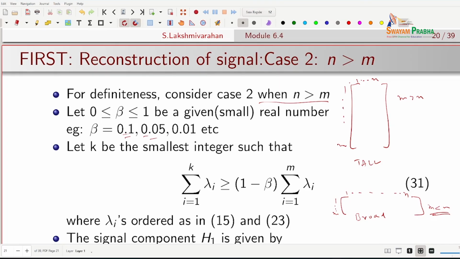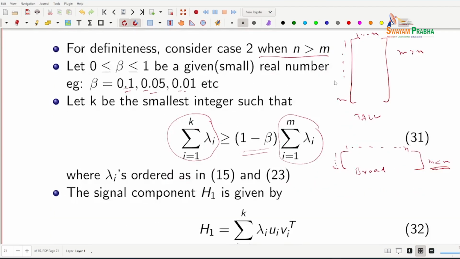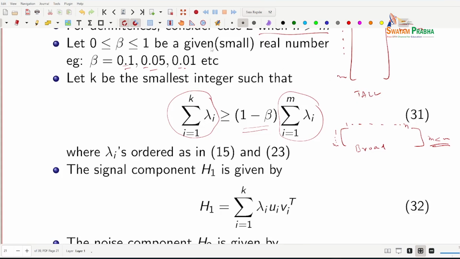Beta can be 0.1, 0.05, 0.01, etc. Let k be the smallest integer such that the sum of the k largest eigenvalues, which is the total variance contained in the k principal components, is greater than or equal to 1 minus beta times the total variance. The lambda i's are ordered in decreasing order as in 15 and 23.